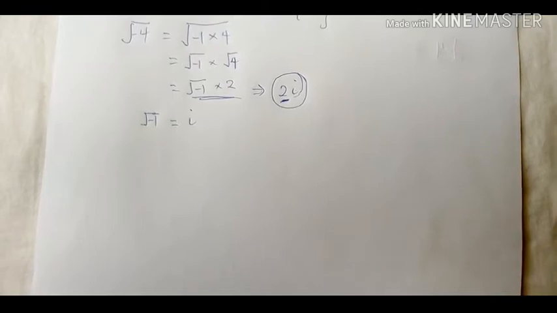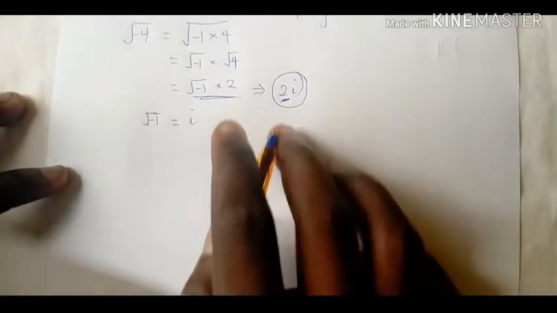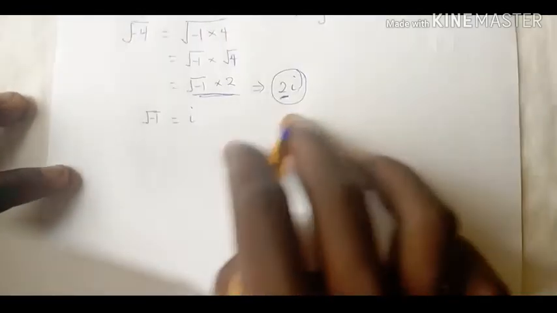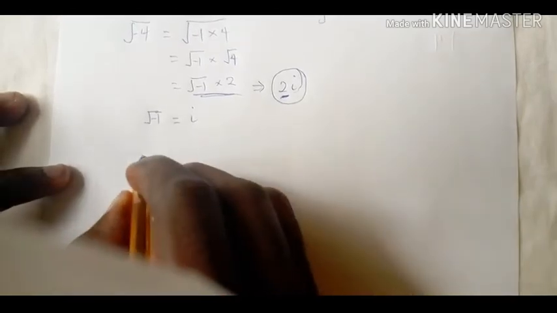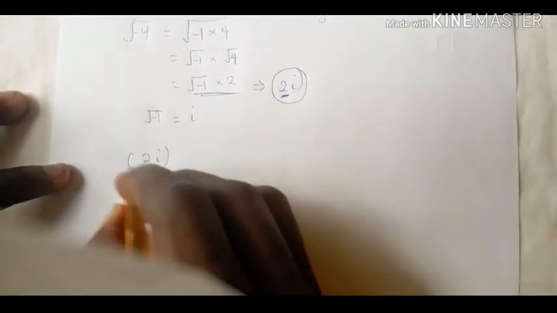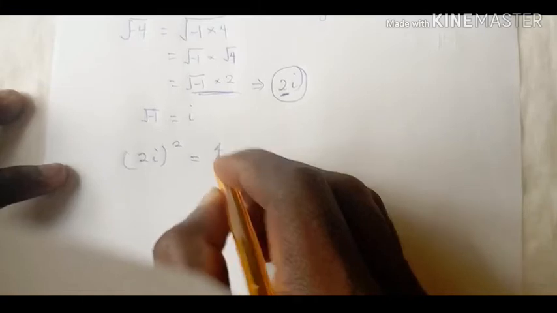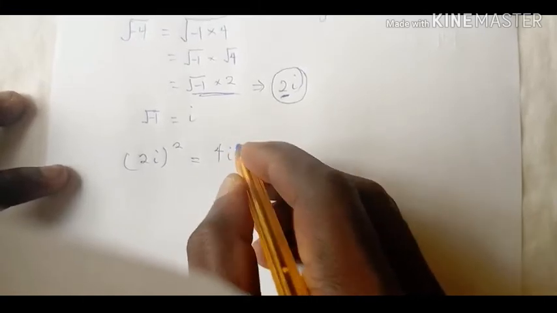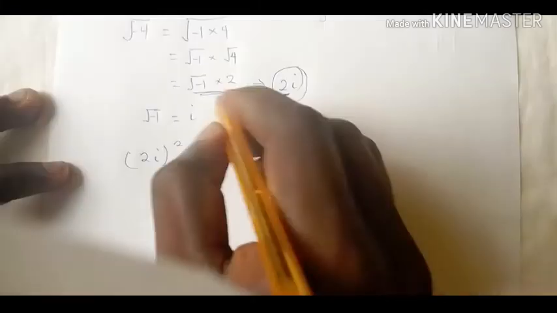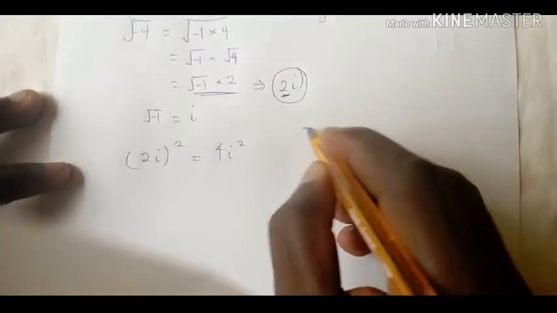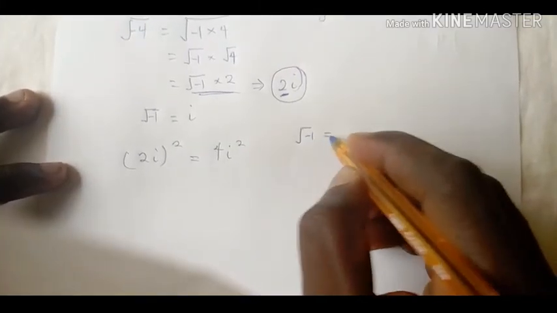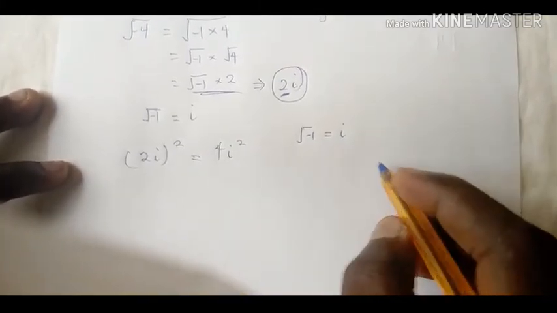When we want to square 2i, we are going to have 4i squared. Now from this, we said the root of -1 is equal to i.